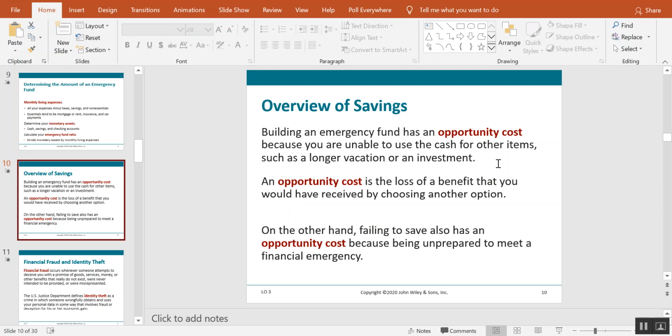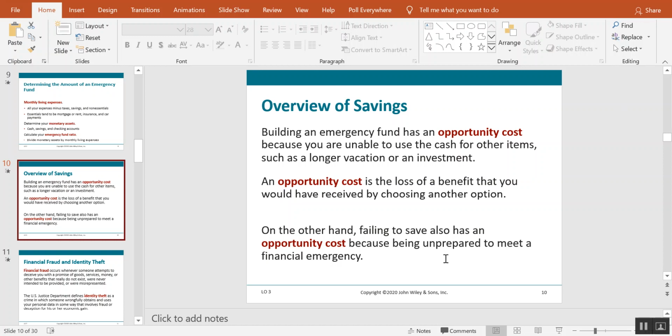So we may be sacrificing, instead of taking a trip that might look very interesting or exciting, we're going to put the money in the bank. That's an opportunity cost. We're giving that up in order to have this emergency fund later.